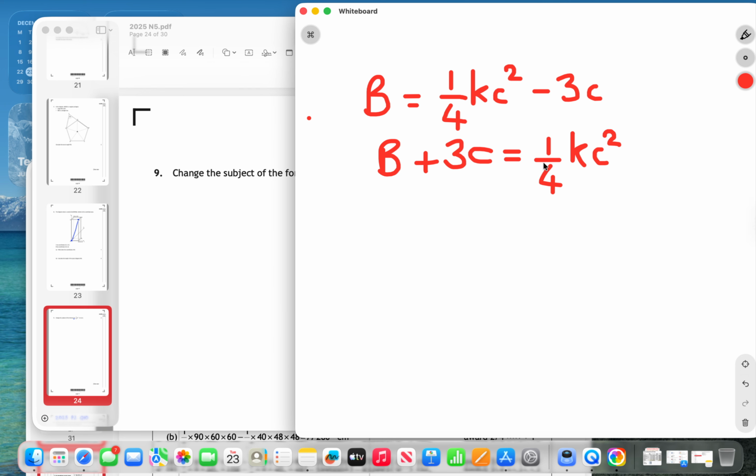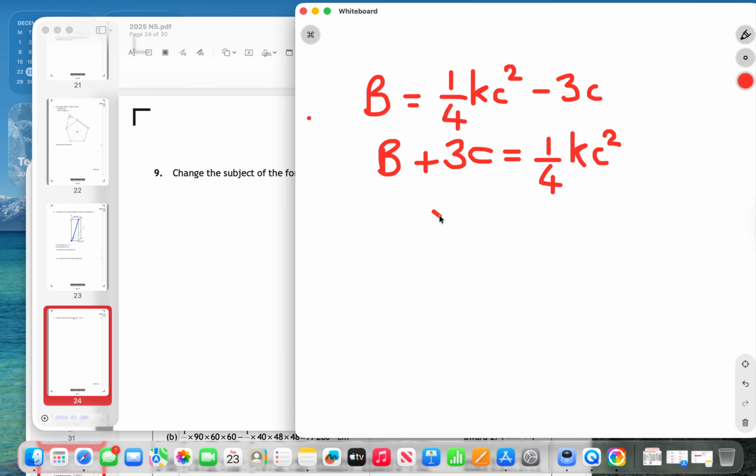Now 1/4 KC squared means 1/4 multiplied by K multiplied by C squared. So we've got the 1/4 being multiplied on the right hand side, so we can divide by a quarter. Essentially that means multiplying by 4.